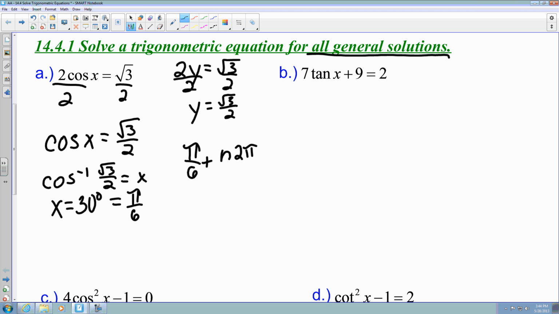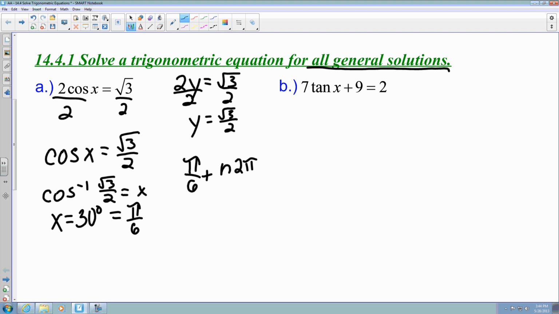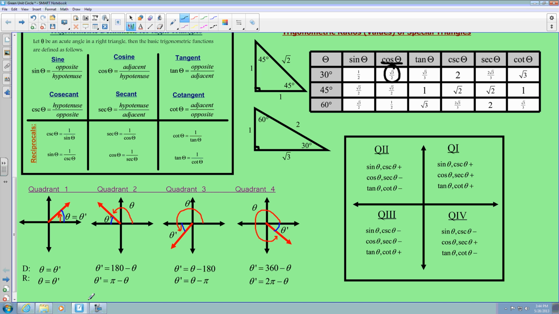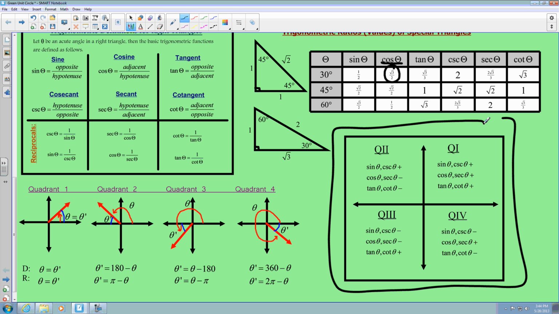So that's one answer. The second answer we have to keep in mind deals with our reference angles. Again, our unit circle chart is going to help us, and we're going to look into this box here for the different positives or negatives of different trig functions in different quadrants. It ended up being a positive square root of 3 over 2.